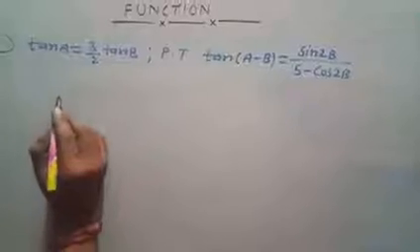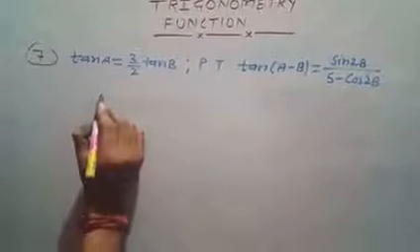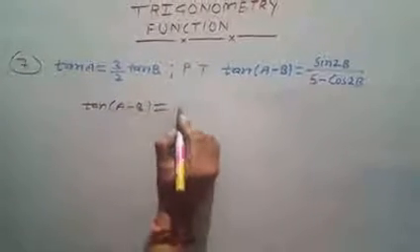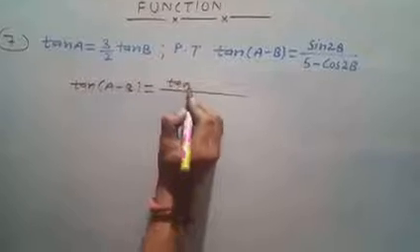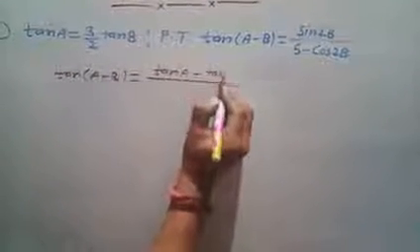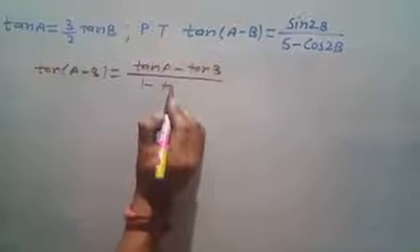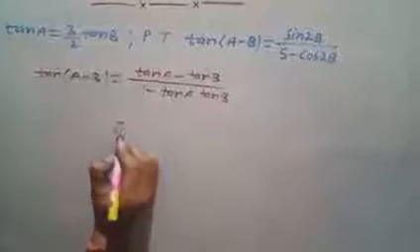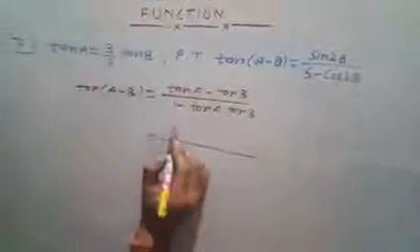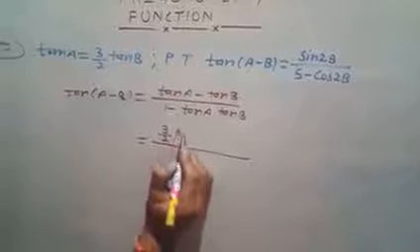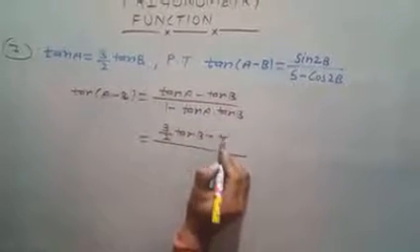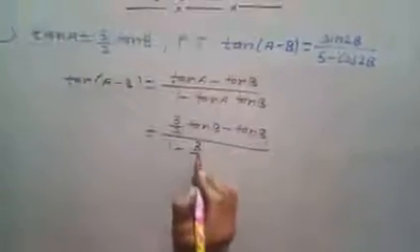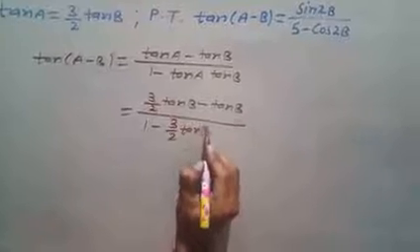So see here, if I write tan(A minus B), the formula is tan A minus tan B upon 1 minus tan A into tan B. Now here tan A equals 3 by 2 tan B, so 3 by 2 tan B minus tan B upon 1 minus 3 by 2 tan B into tan B.